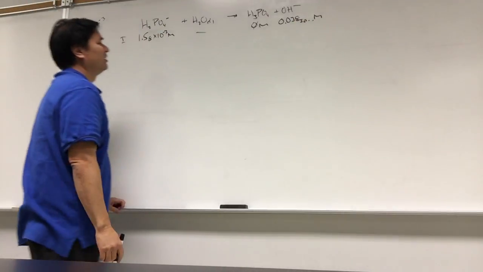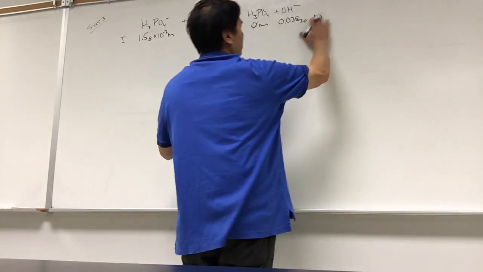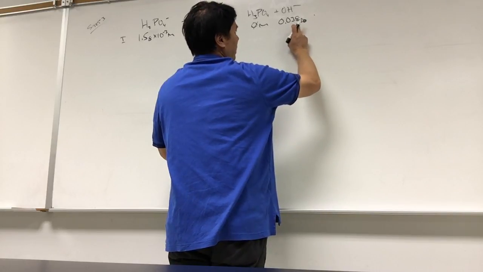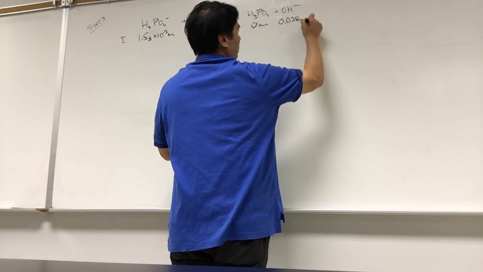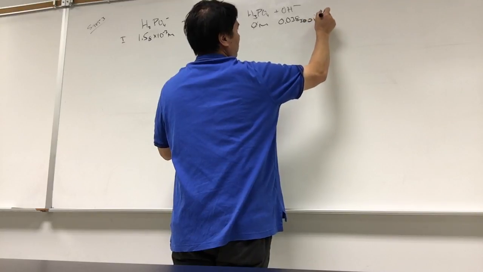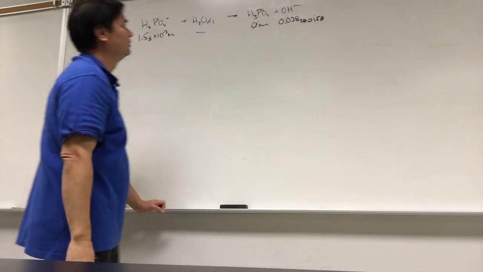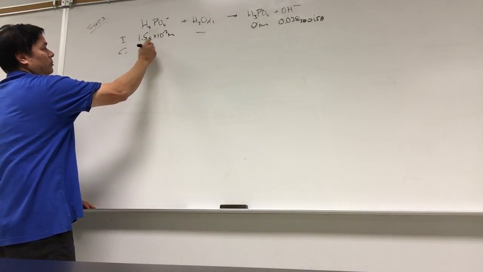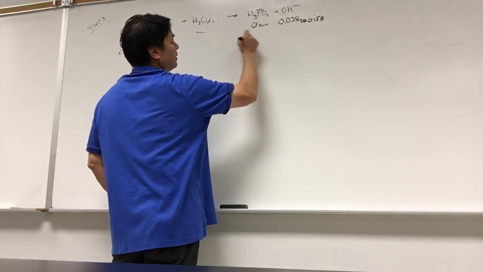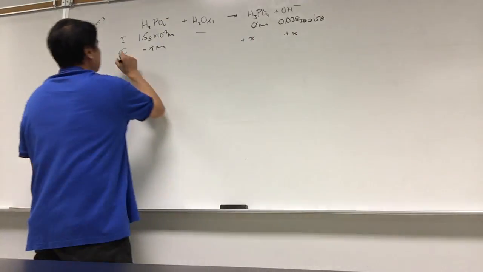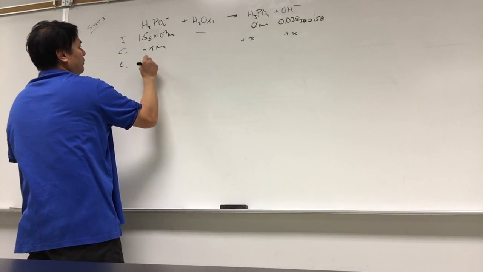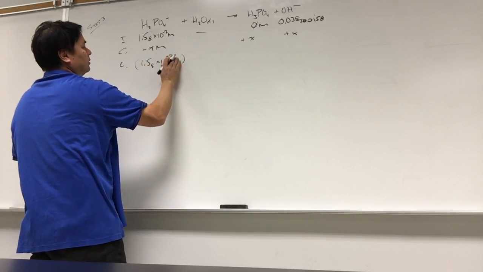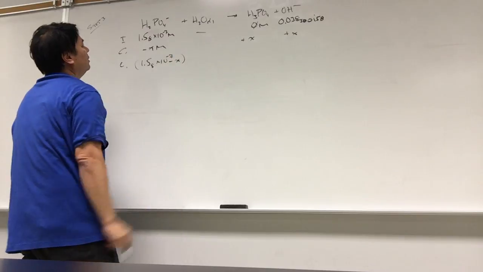That's a little higher. Oh, well, actually, I better write the whole thing. 0.0383. 1.58 times 10 to the minus 7. All right, the change has got to be to the right, so this is going to be minus, this is going to be plus, and this is going to be plus here. So the equilibrium is going to have 1.58 times 10 to the minus 7 minus x.